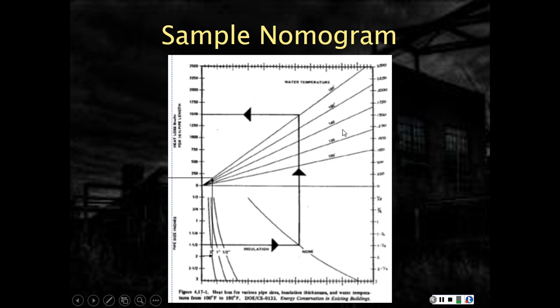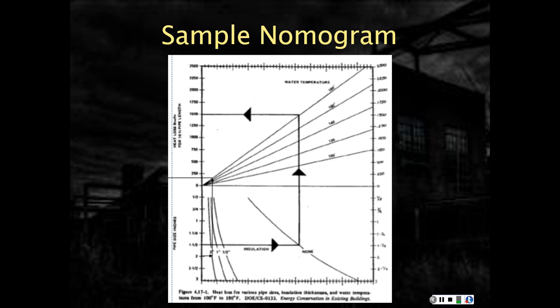These diagonal lines are the temperature within the pipe. So I stop at the temperature of my pipe. This happens to be 185 degrees. And then I move back to the left. Wherever I intercept over here, and this happens to be 1500, this is the number of BTUs per hour that I'm going to lose per each 10 feet of pipe.